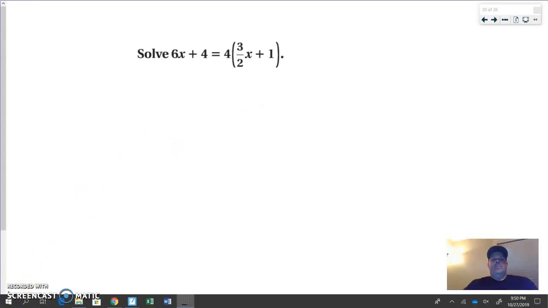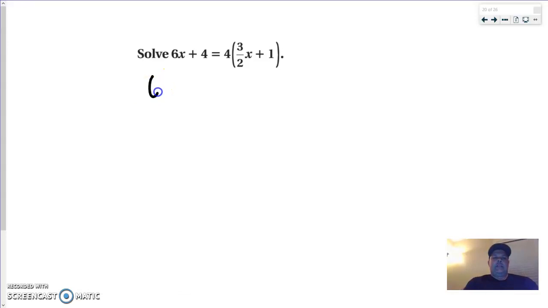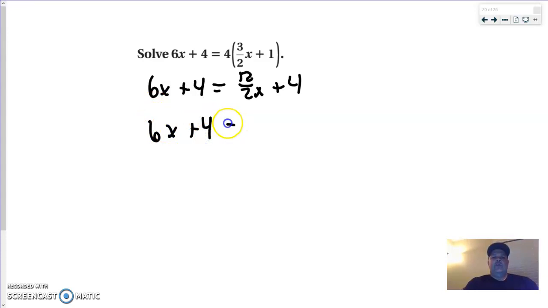In our next example, we have 6x plus 4 equals 12 over 2x plus 4. This is 6x plus 4 on the left. 12 divided by 2 is also 6x plus 4. As you can see, these are identical equations on both sides.